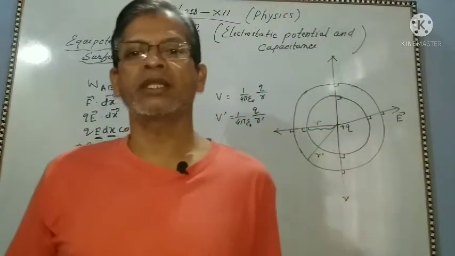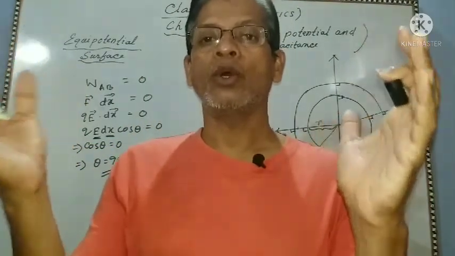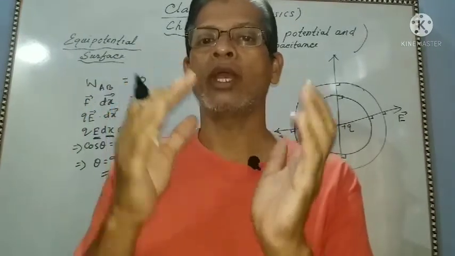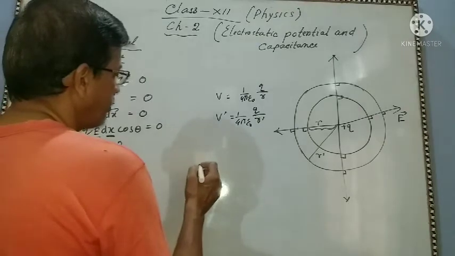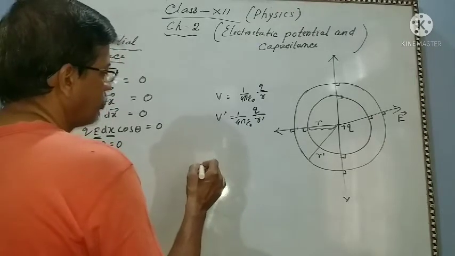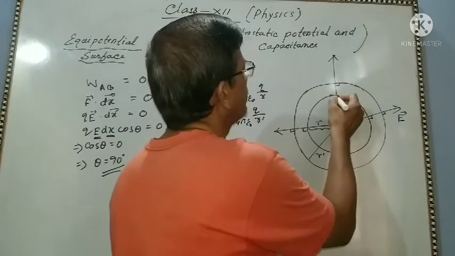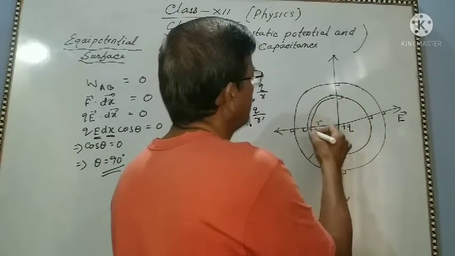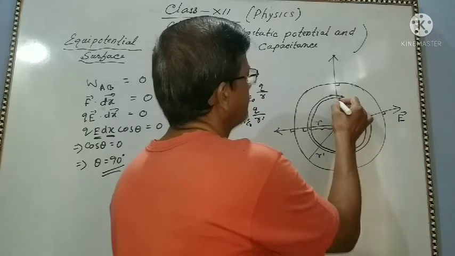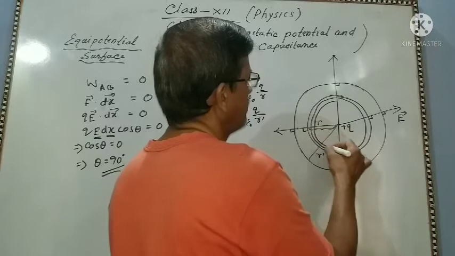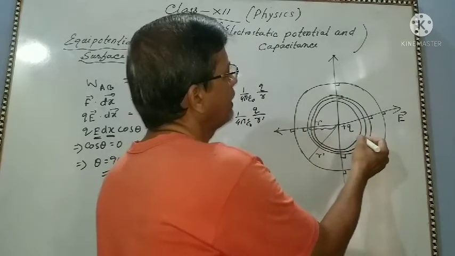And also, equipotential surfaces let us compare the electric field, where it is more or less. Suppose you have got equipotential surfaces like this, and you have taken a point here.